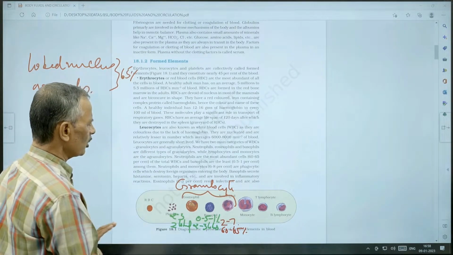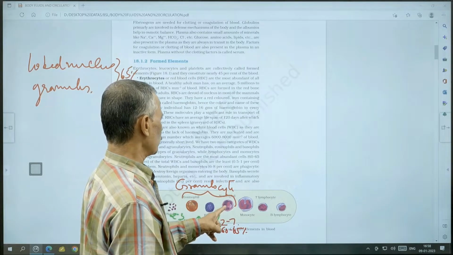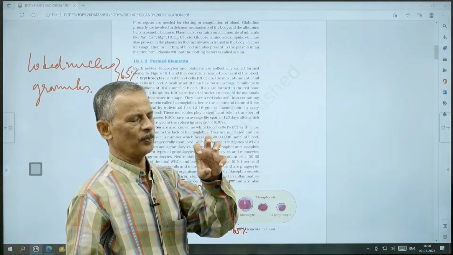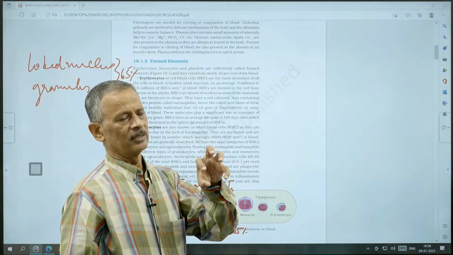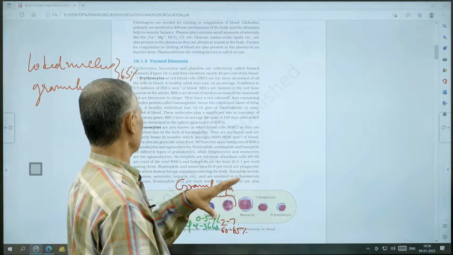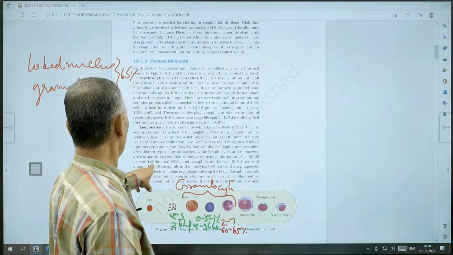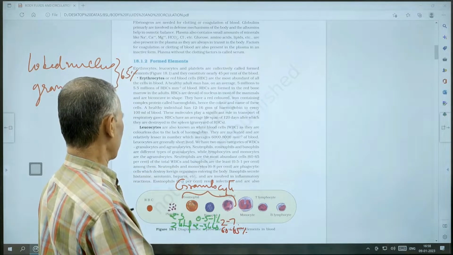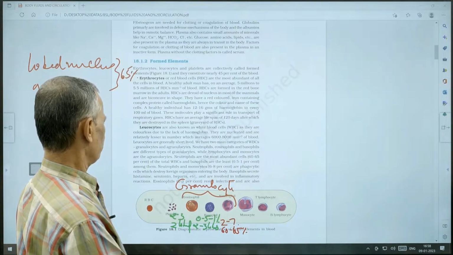Now, what about the functions of polymorpho-neutrophils? Polymorpho-neutrophils are macrophagic. They can put forth pseudopodia, change their shape, and can capture, eat, destroy pathogens, dead cells, etc. So neutrophils are most abundant and they are all phagocytic, which will destroy foreign organisms that are entering in.